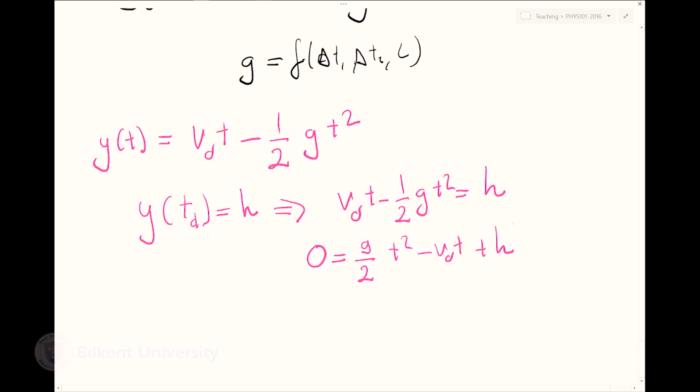All of you should know how to solve quadratic equations. So what is t down 1 and 2? Or let me remind you, if I have ax squared plus bx plus c is equal to 0, I have two solutions. What are those two solutions? Minus b over 2a plus minus 1 over 2a square root of b squared minus 4ac.